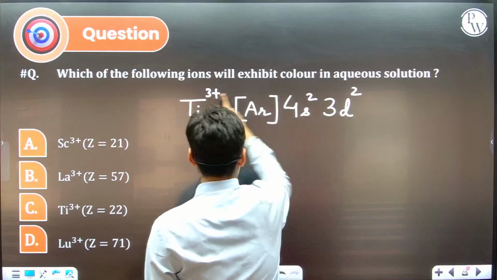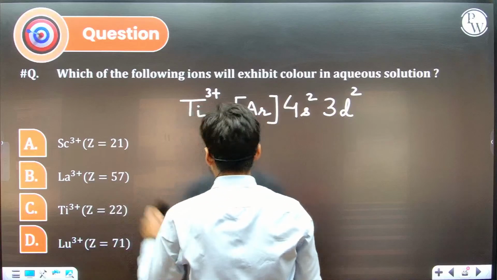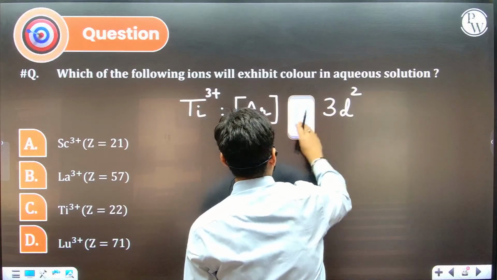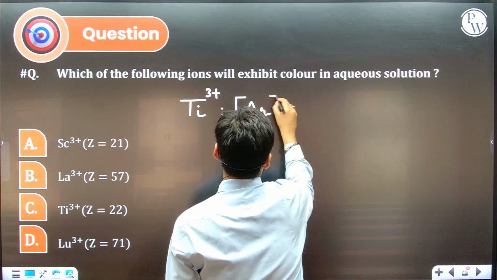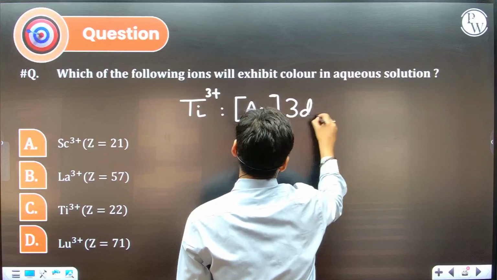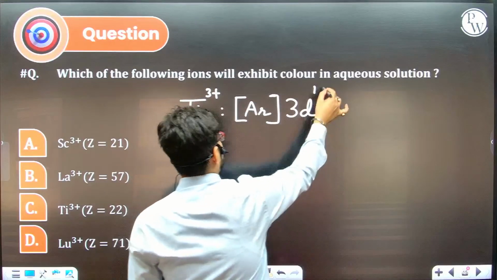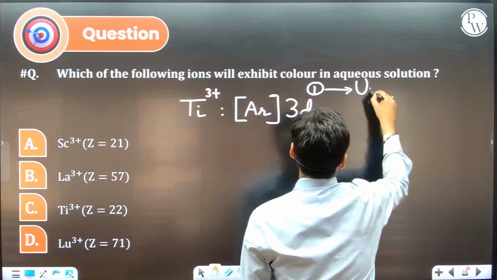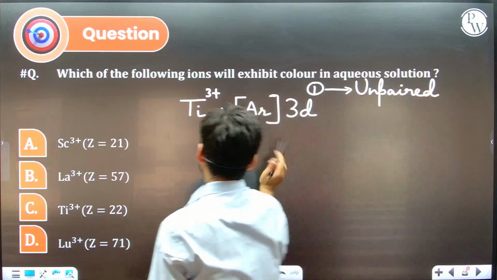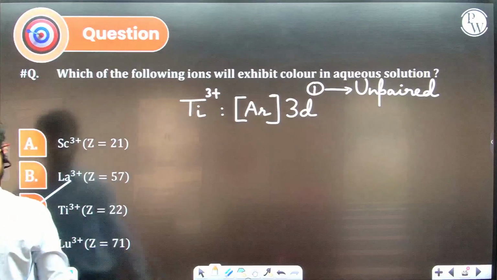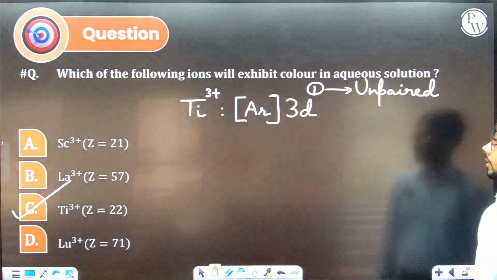But this is Ti3+. What I have written just now is for titanium. Ti3+ indicates that I have to remove 3 electrons. So let's remove 3 electrons now. And once I remove 3 electrons, this becomes the electronic configuration. Now, there is one unpaired electron and hence this will be colored. It's an unpaired electron and hence Ti3+ will be colored. So C is the correct answer.